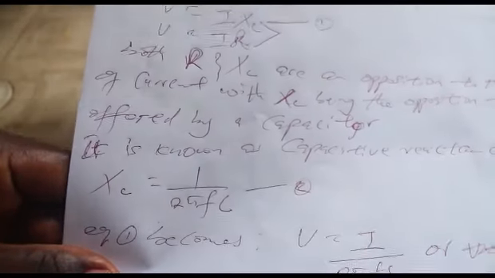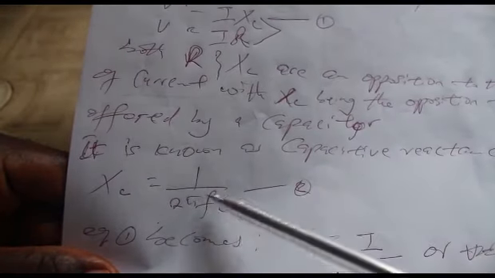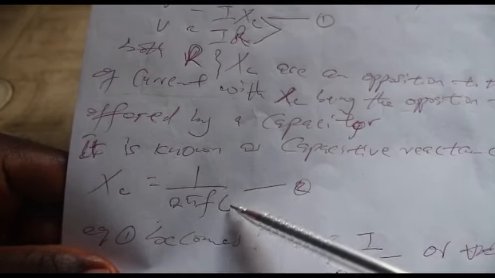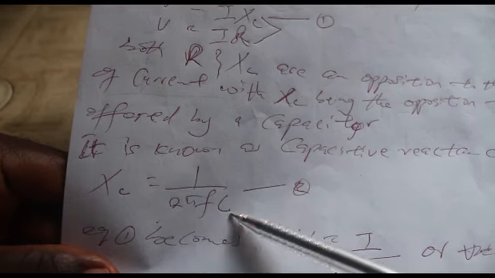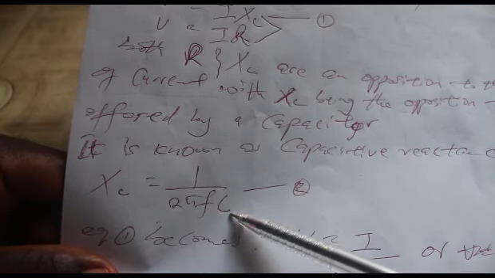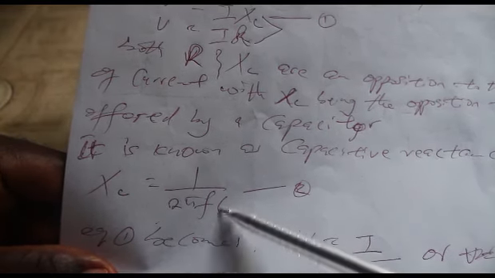And mathematically it's given by XC is equal to 1 over 2 pi fC, where f is the frequency of the AC source, the capital letter C here is the capacitance of the capacitor, and of course 2 pi is a constant term.